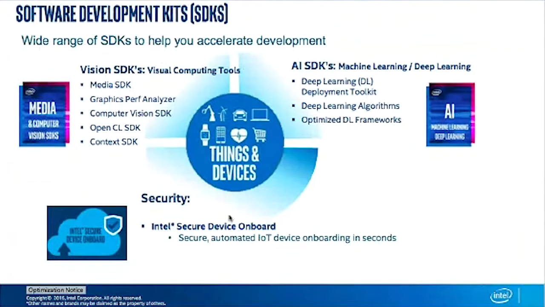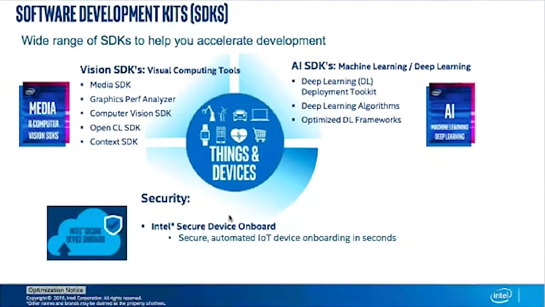Some of the SDKs that we have are vision-related SDKs, including the Media SDK, the Graphic Performance Analyzers, OpenCL SDK, the Context SDK. All of this is in the media space. We have a lot of AI SDKs with the deep learning deployment tool, deep learning algorithms, etc. We have a lot of security APIs that we are working on, and some of the APIs which are public out there, like Intel Secure Device Onboard, that helps you to quickly provision.